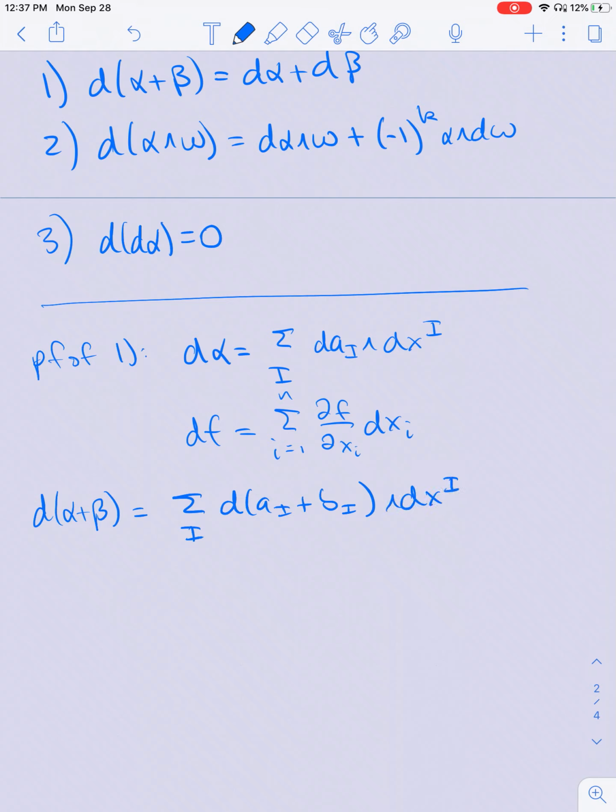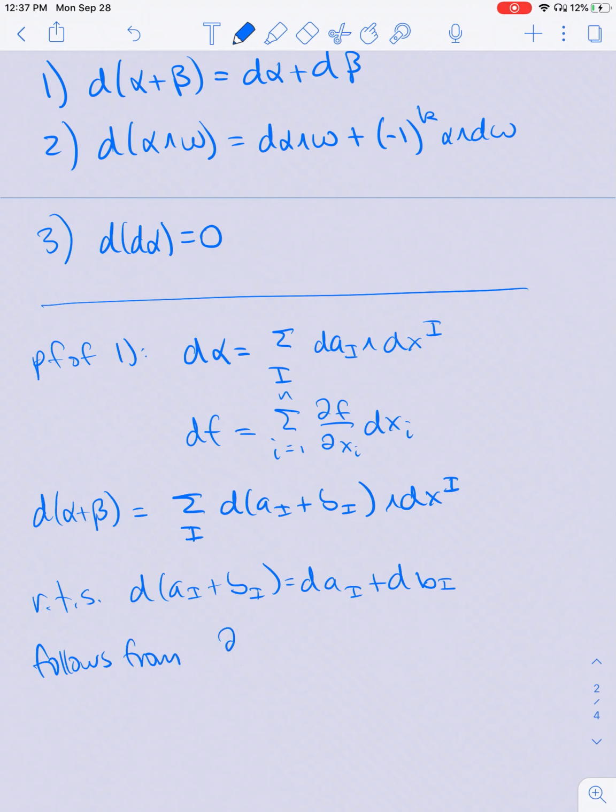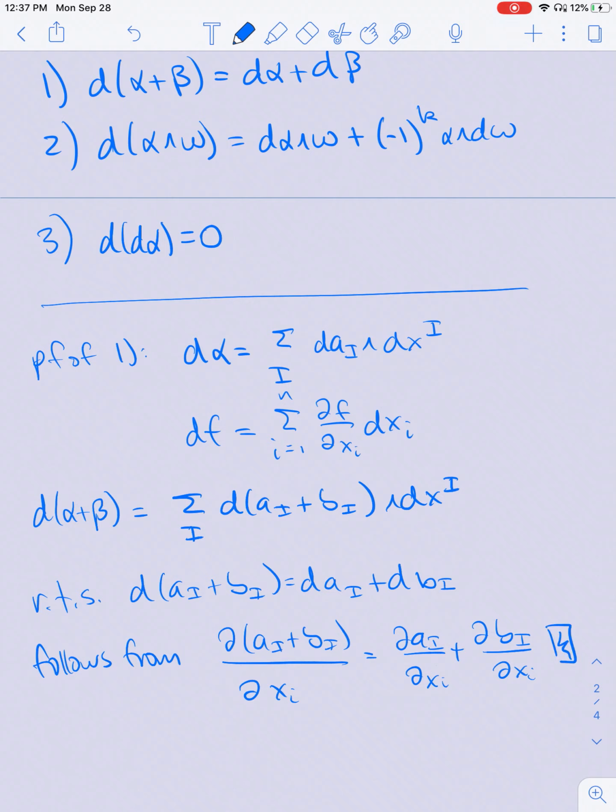And then what I need to do now is just show, so it remains to show that d(a_i plus b_i) is equal to d a_i plus d b_i. And this immediately follows from the linearity of the derivative. So this follows from the fact that d(a_i plus b_i) by dx_i for any i is just the sum of the partial derivatives of a_i and b_i in terms of x_i. Okay, so that's the first one.